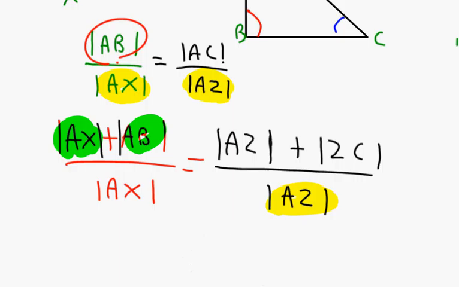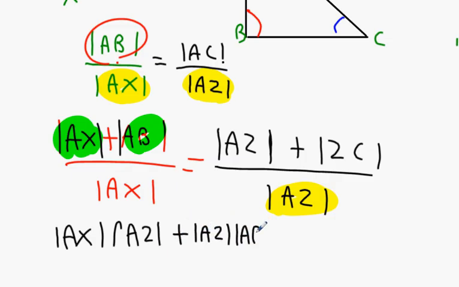Anybody? AZ by AX? It's AX multiplied by AZ. I can't actually multiply them, so I'll just put them beside each other. AZ multiplied by XB plus AZ XB. Okay, the equal sign is in the middle.